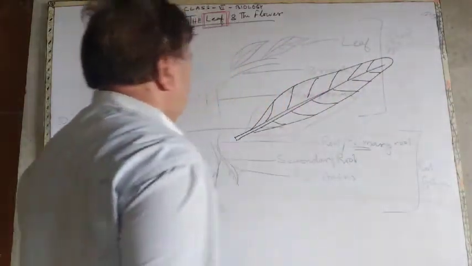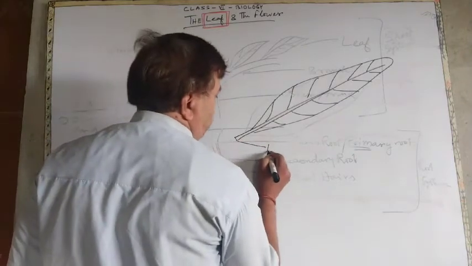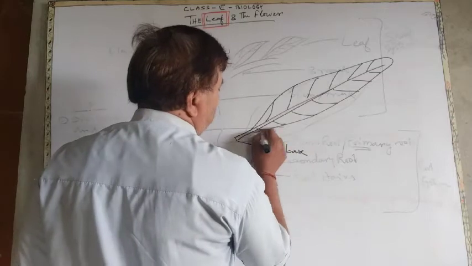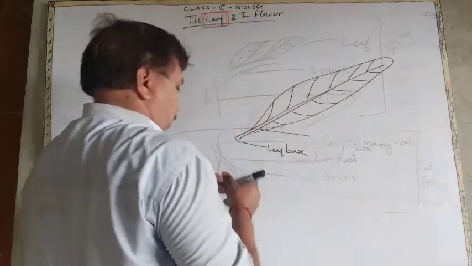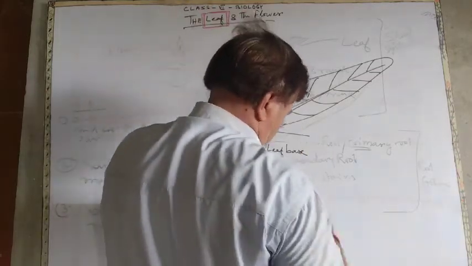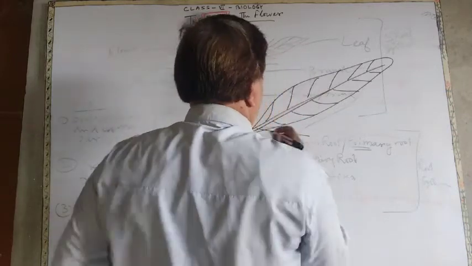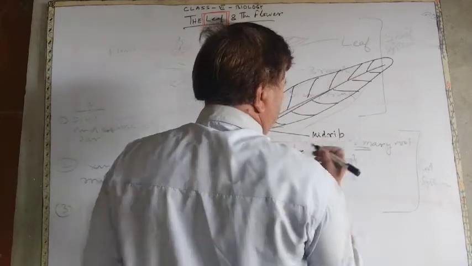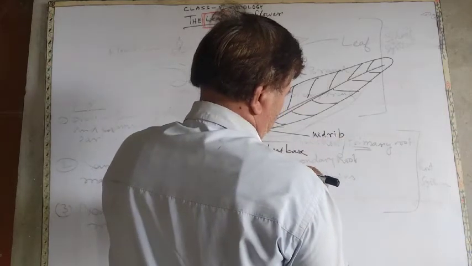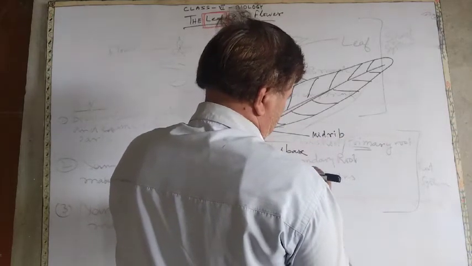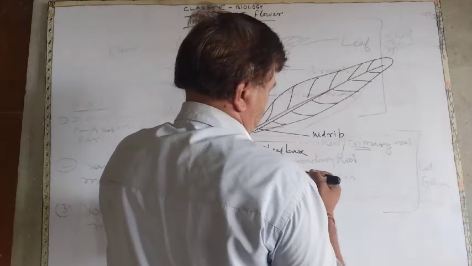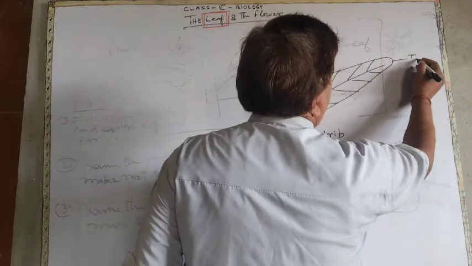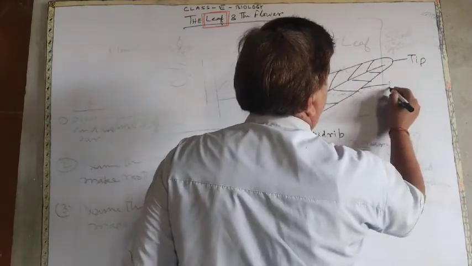You will tell me this time. This one is the leaf base. This one is the midrib. This one is the tip. This one is the margin.